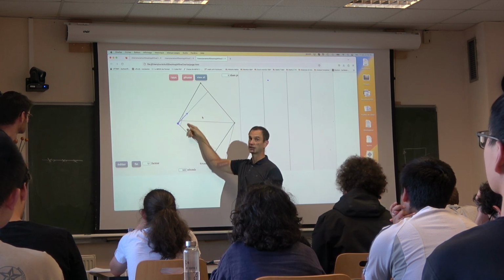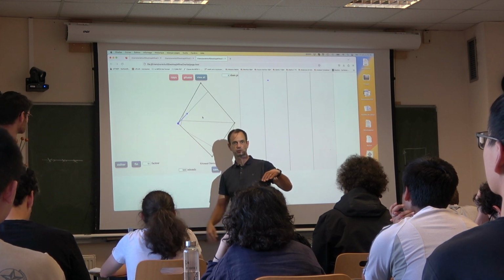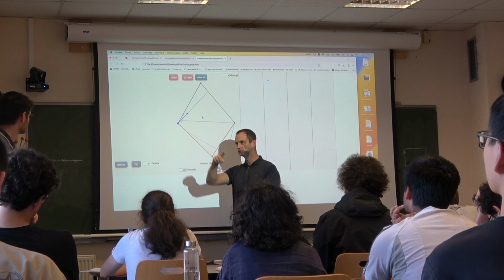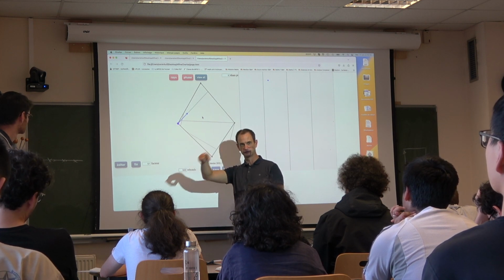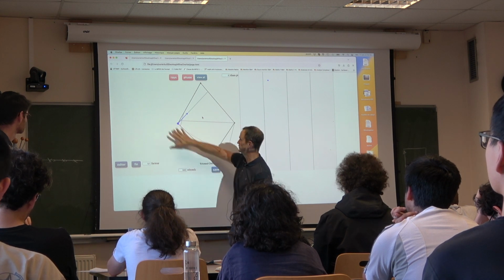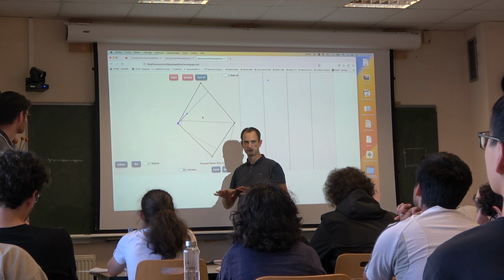Because if you have 1/3 of a turn, after 3 reflections you will get a full turn and the sides will become parallel. If you have P over Q, maybe you have to do Q or 2Q reflections, and you will pass 2 times or P times around this point, and you can still conclude.